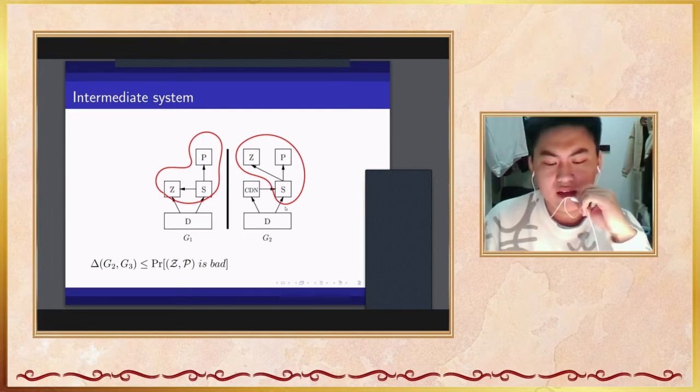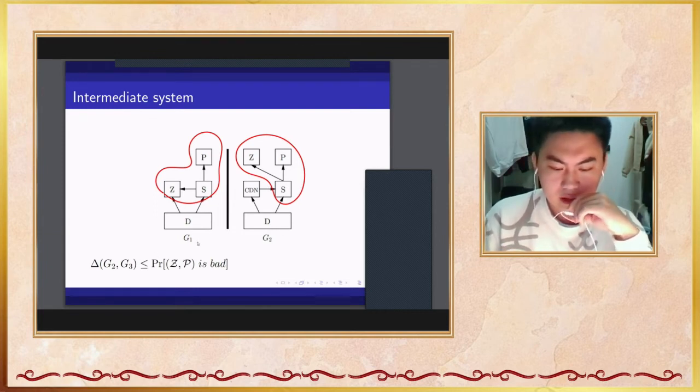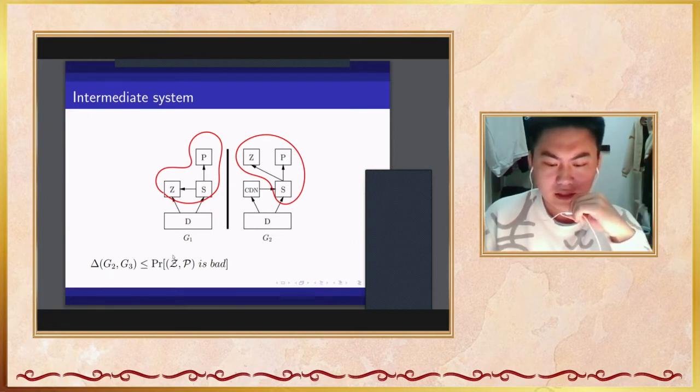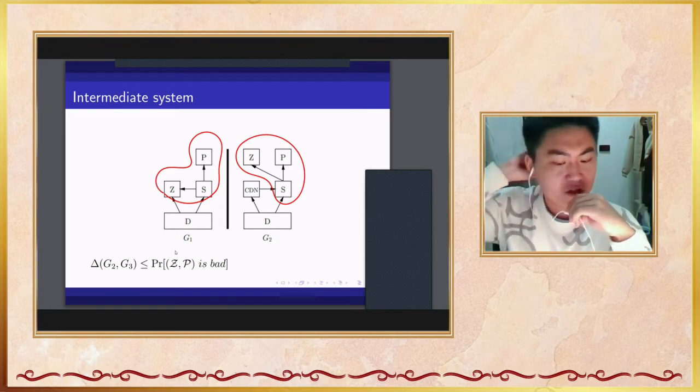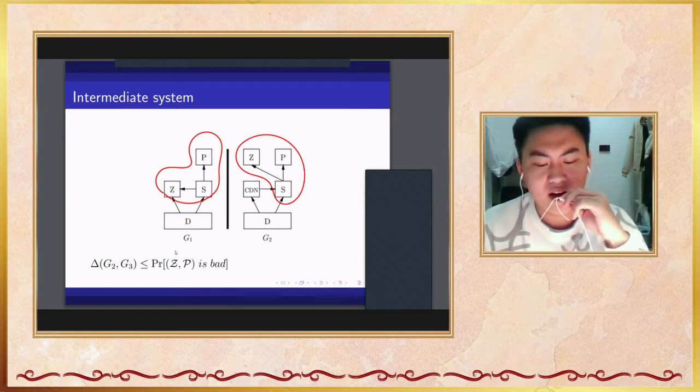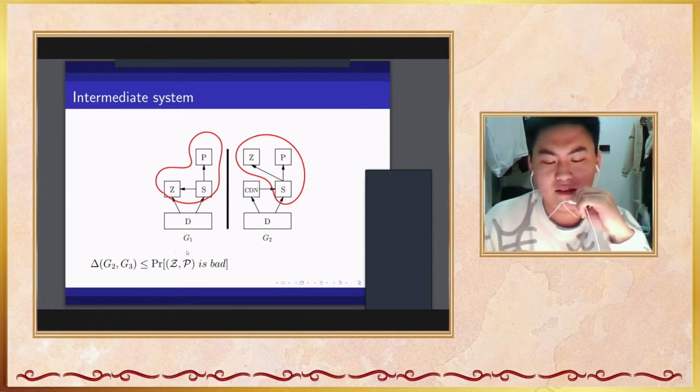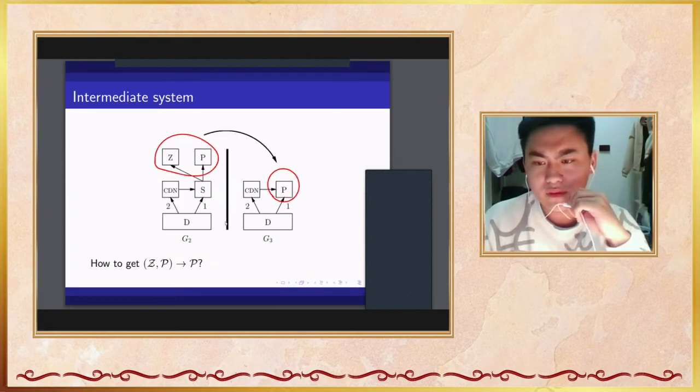On the other side, Z is an ideal primitive and the CDN is the real structure. So the distance between the real world and the... sorry, this is wrong. This is G1 and G2. So the distance between the ideal world and the intermediate system depends on the pair ZP.